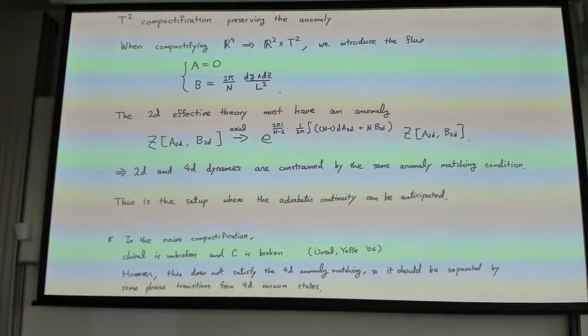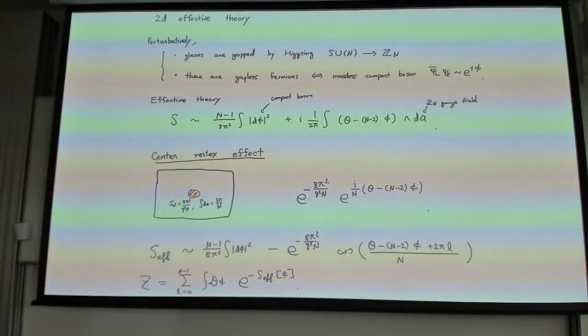Yeah, exactly. Since we introduced non-trivial 't Hooft flux for the gauge sector, the analysis for the gauge sector is exactly the same as in the case of the pure Yang-Mills theory. So gluons are gapped by fixing, and there are also gapless fermions if you solve the Dirac zero mode equation.